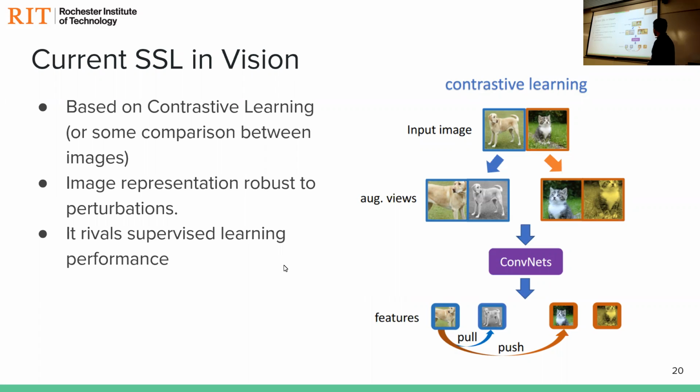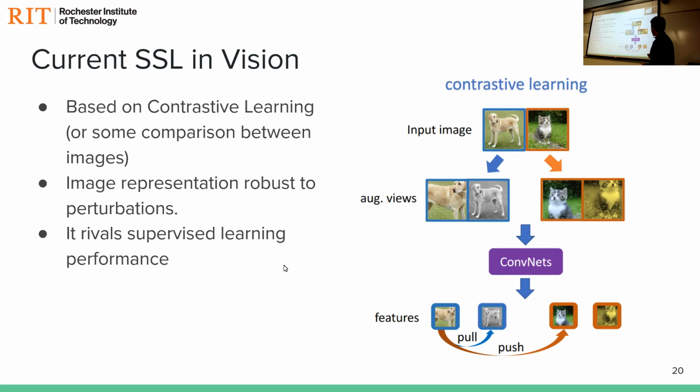I will pass those through my network, which usually is a convolutional neural network, and then I will get some representation of those images in the feature space. And then what I want to do is pull these two together because I know that these two came from the same image, but the representations that came from a different image, I want to push those far away. So this is going to create image representations that are robust to these perturbations. And this is the method that now rivals supervised learning.